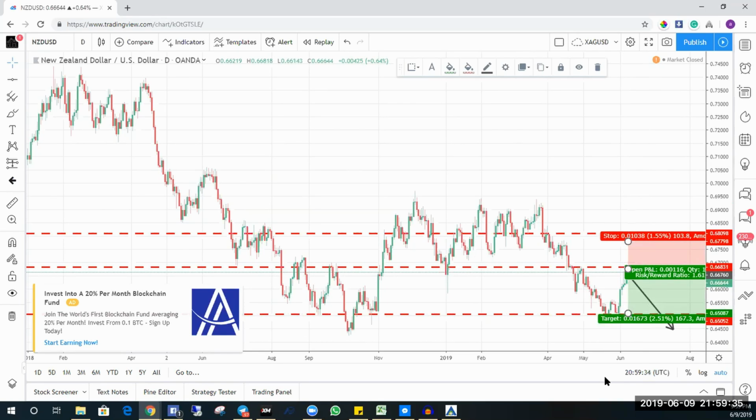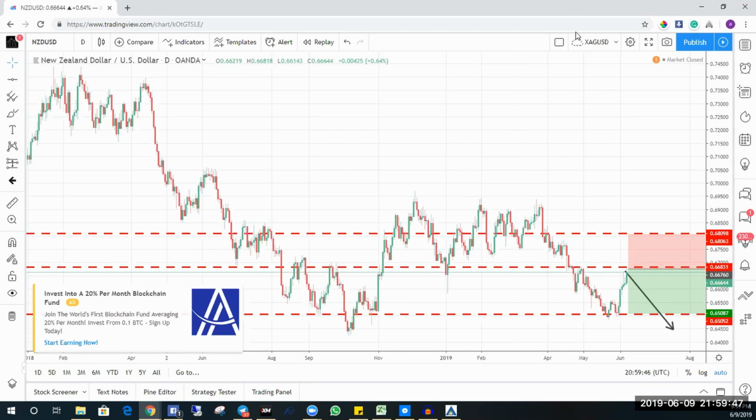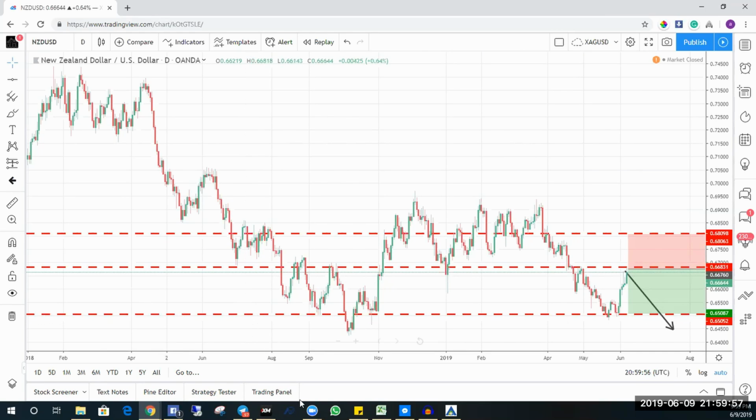Looks well set up here. We'll be tracking this. So going short here at this level, in line with the sentiments, like I said, and the outlook for the US dollar. Okay, let me get rid of this. So that's what we have for that.